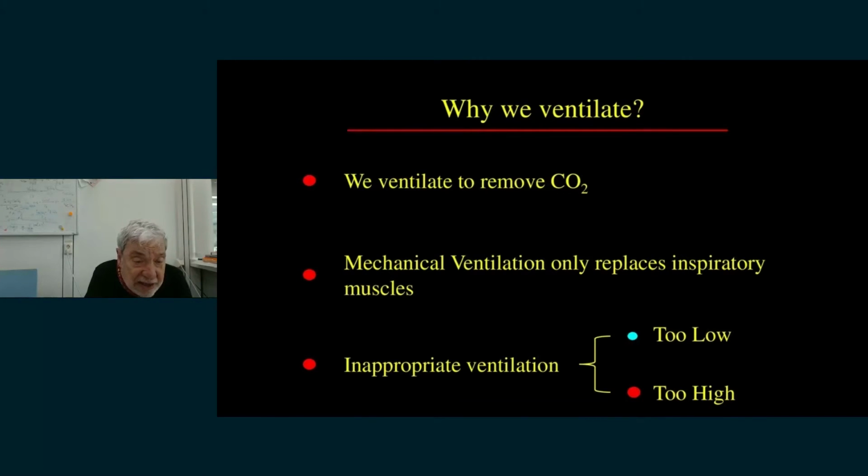To oxygenate, you don't need any ventilation. You need to provide oxygen, 200, 300 milliliters per minute, that's it. But to remove the CO2, which starts at a lower concentration, you need an important amount of ventilation.